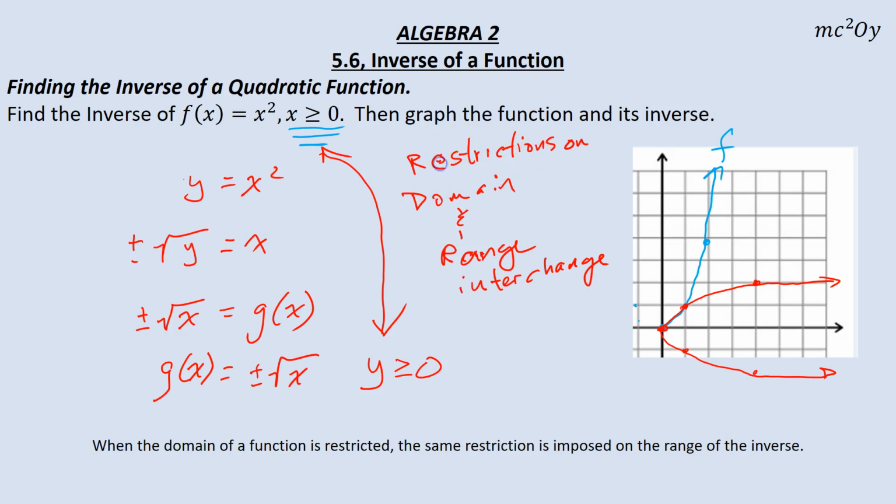So the restrictions on our domain and range also interchange. Therefore, y has to be greater than or equal to 0. That means I get rid of this bottom chunk here. And note also, here's my reflection over the line y equals x. This point right here that was at (2, 4) is now at (4, 2). So those are reflections. This one's on the line and this one's on the line. So when the domain of a function is restricted, the same restriction is imposed on the range of the inverse, and that's what's happening right here.